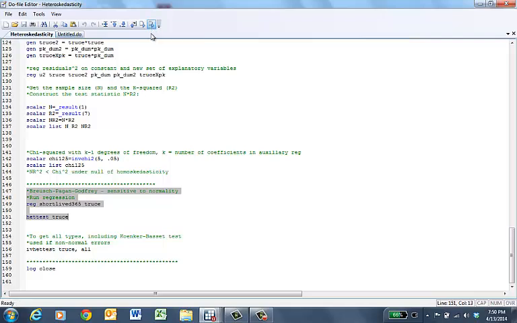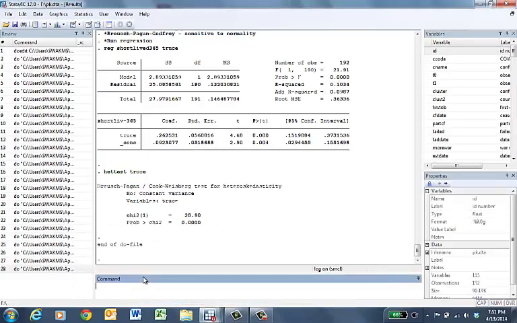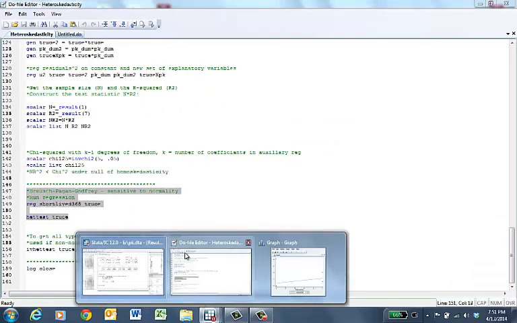So first we'll see the result from the Breusch-Pagan test. And again, it's less than 0.05, and this tells us we can reject the null hypothesis of homoskedasticity.